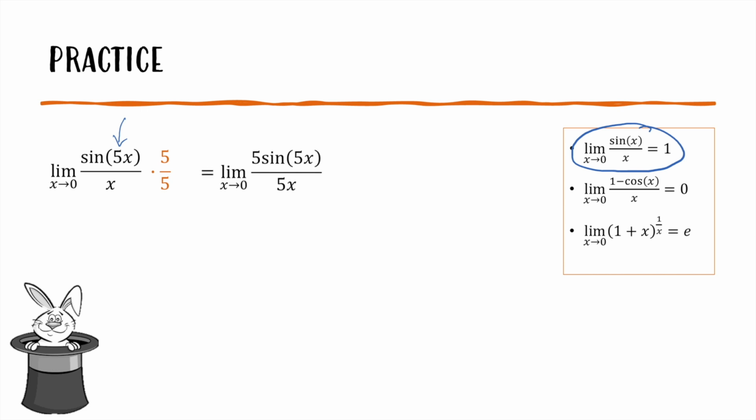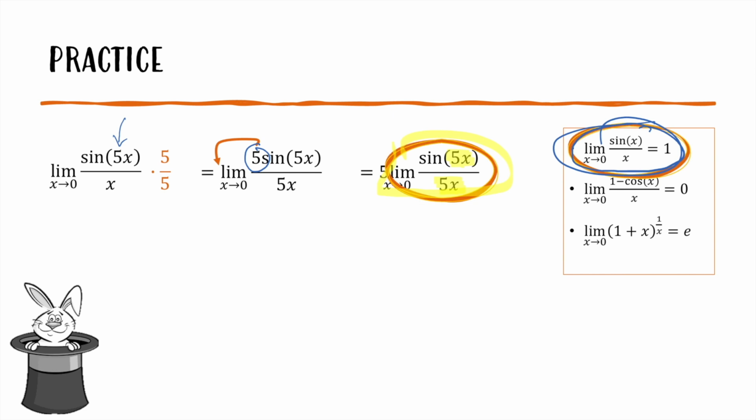So I have a new limit problem, and I'm going to take that 5 and, as a scalar multiple, pull it out to the front. And now I have this new limit problem. The key to this special limit here is that as long as those two match, the special limit is in play. So I've got 5 times my special limit here, which is 1.